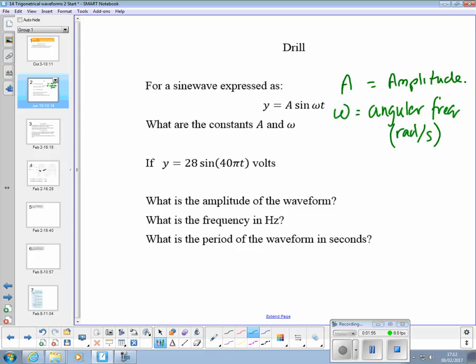If y is equal to 28 sine 40 pi t, what's the amplitude of the waveform? 28 volts. Just that number there. What's the frequency in hertz? Yeah, it's 40 pi over 2 pi, 20 hertz.